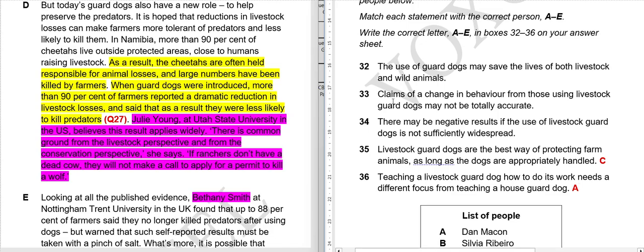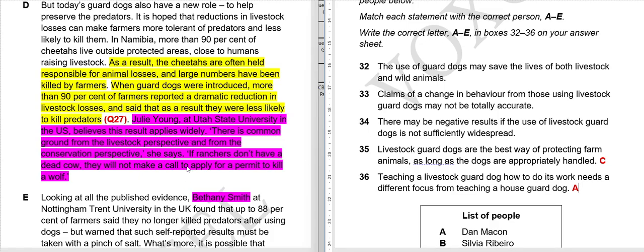Or 33rd, claims of a change in behavior from those using livestock guard dogs may not be totally accurate. Is there something about inaccuracies or something like that? No. There may be negative results if the use of livestock guard dog is not sufficiently widespread. There is word written widely, but it is not the same as widespread here. So this is not our answer. So our answer is 32.